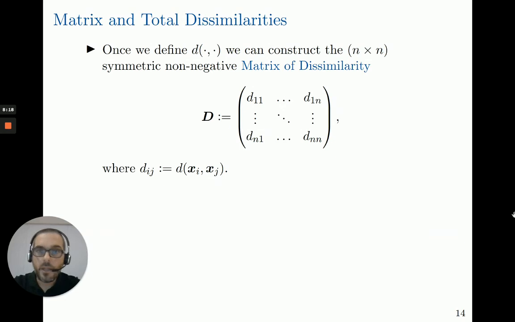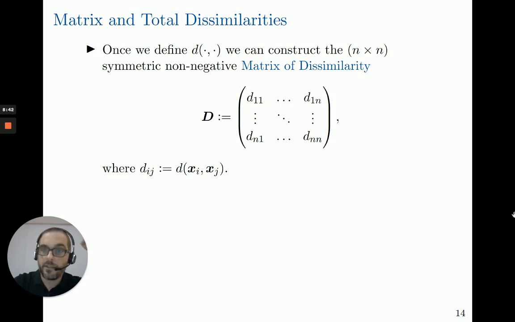Once we define D, we can construct the n times n symmetric non-negative matrix of dissimilarity, where each entry dij is the d function of xi, xj, where i and j index the observations.